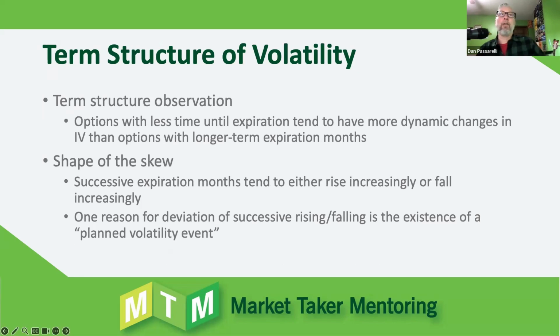Now, the term structure of volatility, right? Options with less time until expiration tend to have more dynamic changes in IV than options with longer term expirations. I think of it as kind of like a whip, right? You're holding a whip and you're holding this part. This is like the LEAPS, options with a lot of time until expiration.